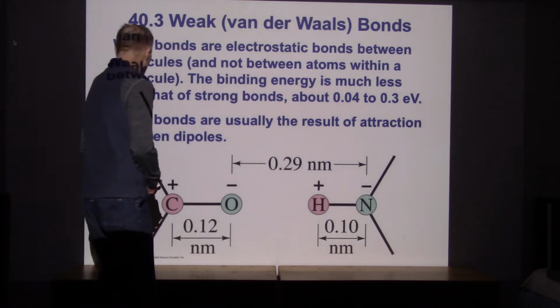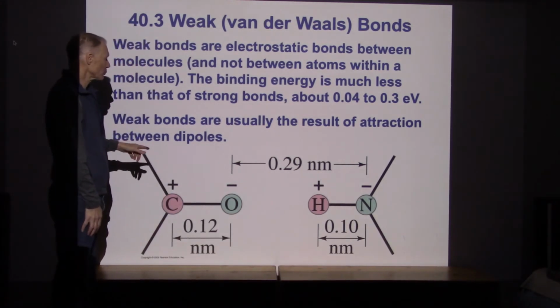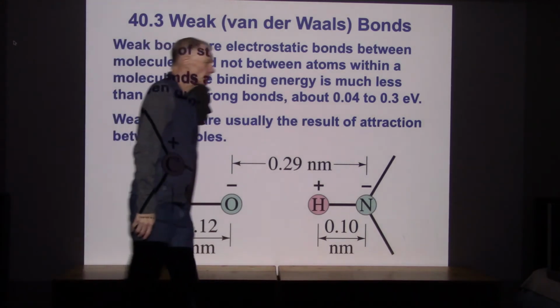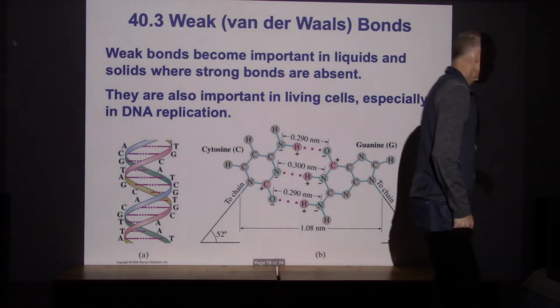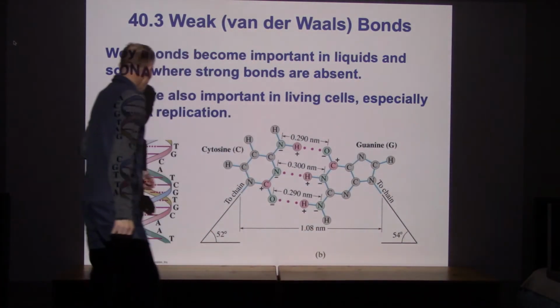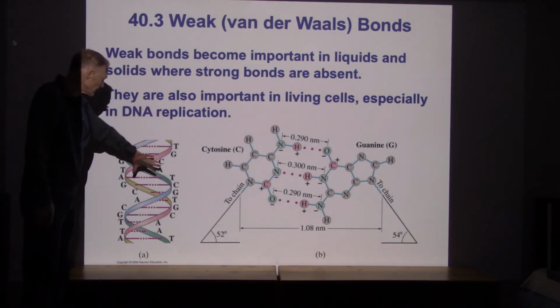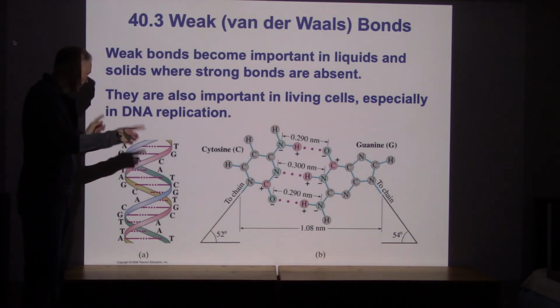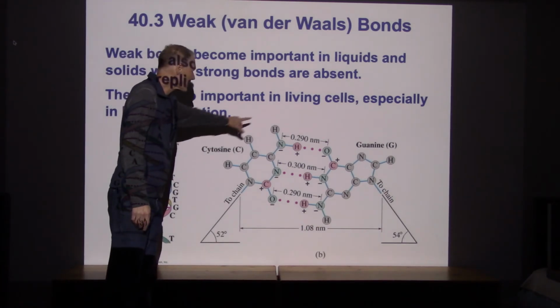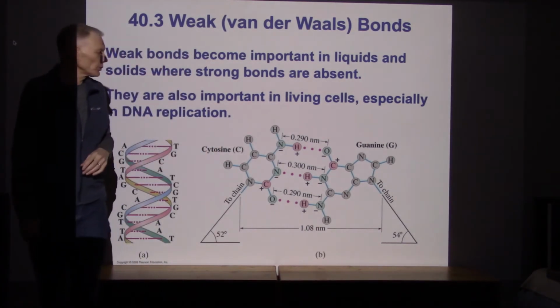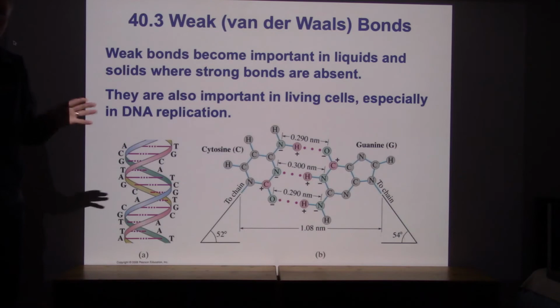So here's an example taken out of DNA. Let's take a look at the DNA molecule. Here's a double helix of DNA, and you see all the A's and T's and G's and C's in there. Here's cytosine and guanine, and you can see it's not full-blown chemical bonds that get formed.